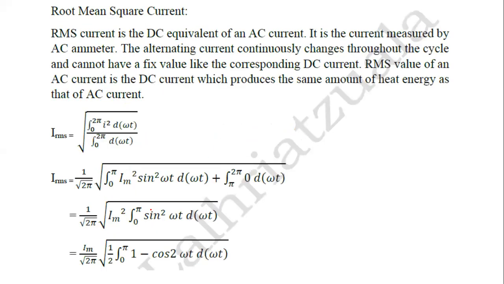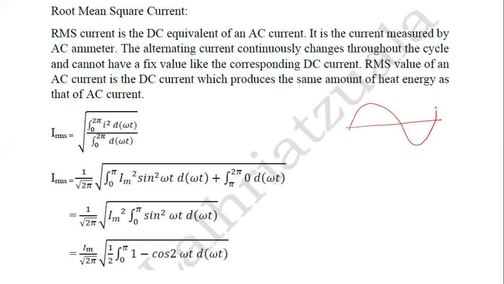Now, there is another current, which is probably a new term for some of you. We call it root mean square current. Root mean square current is the DC equivalent of an AC current. An AC current is an alternating signal.